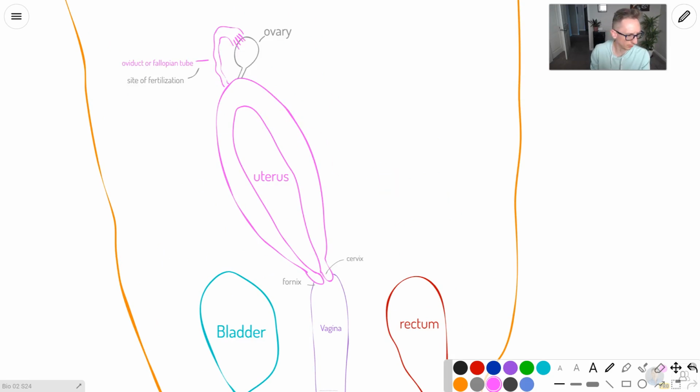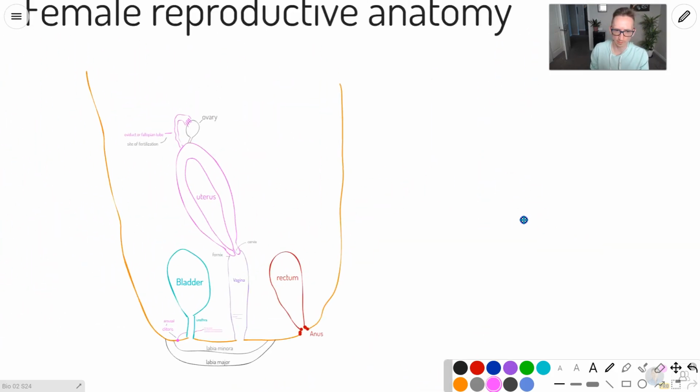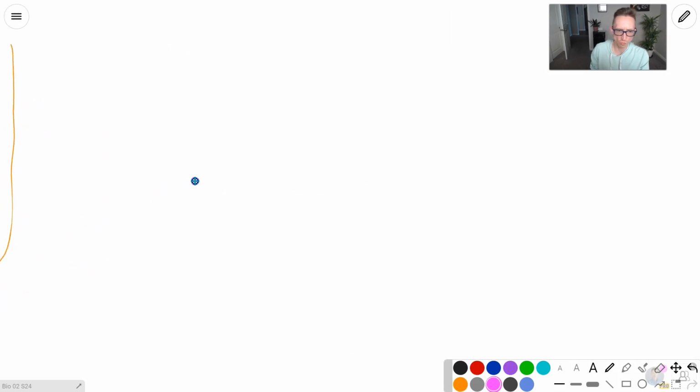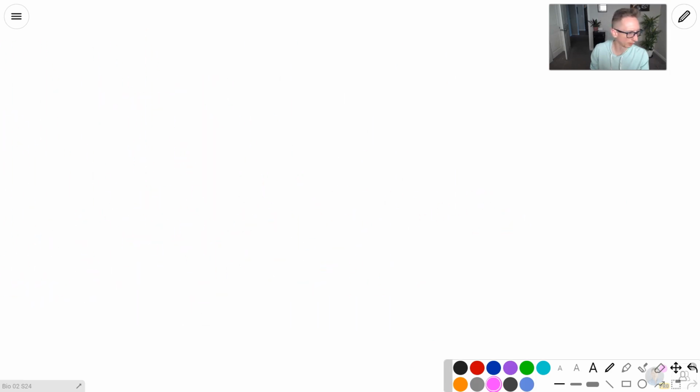All right, let's draw the front view of this. I think I got everything I wanted to cover there. Let's draw a front view of this. We're just going to draw just the vagina and the uterus here. All right, colors, purple and pink. Perfect. Okay, so vagina.